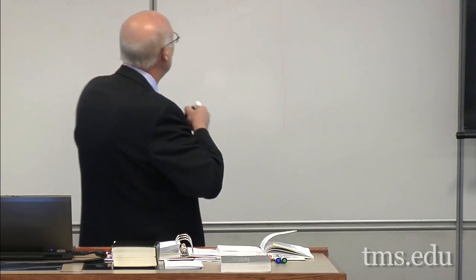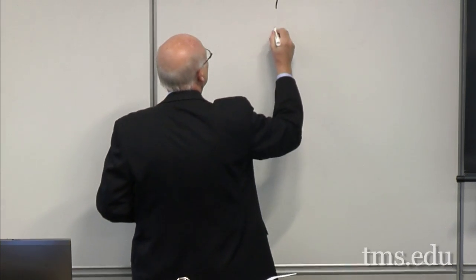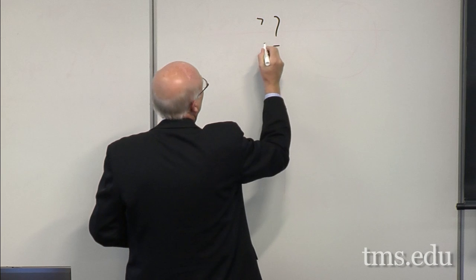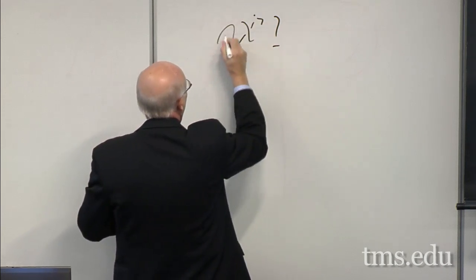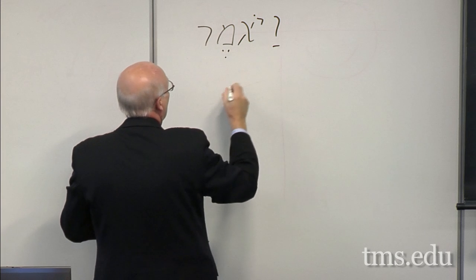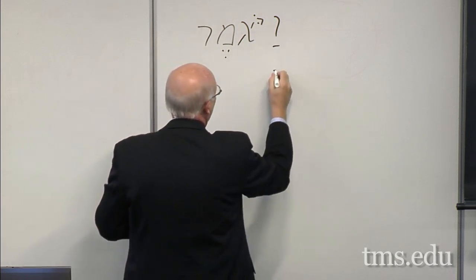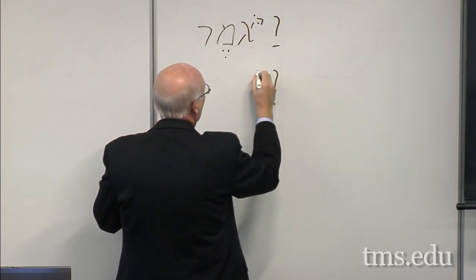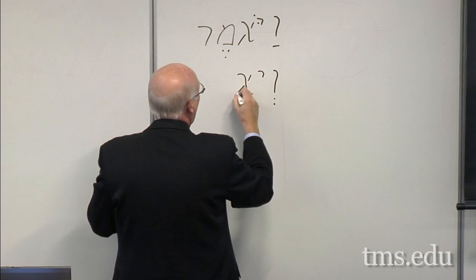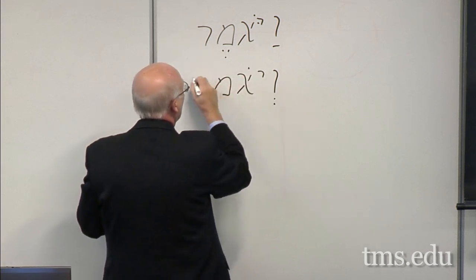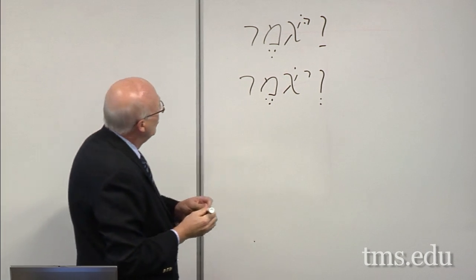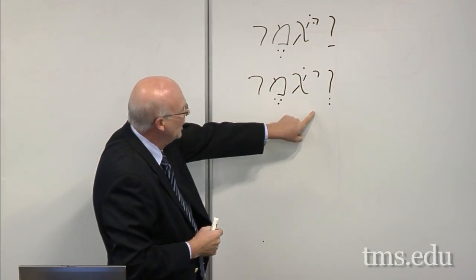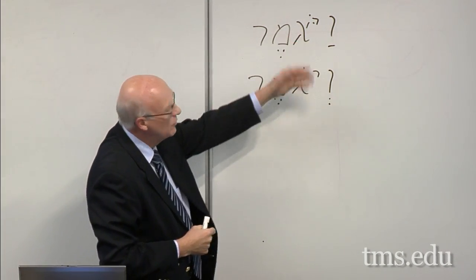Let me put it this way. When you have these two verbs, wayomer, wayomer, what's the difference between the two?